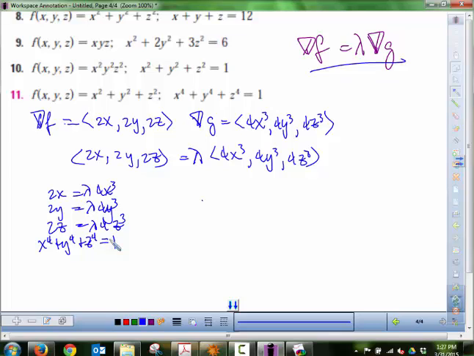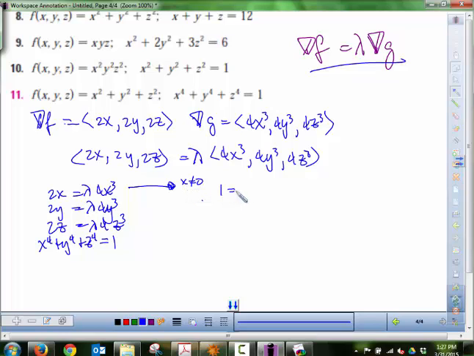Okay, so what do we do? We need to solve for this. So we divide by 2x, and we have to consider the fact that this is going to work as long as x is not equal to 0, which means in a separate case we have to deal with the ones where x does equal 0.